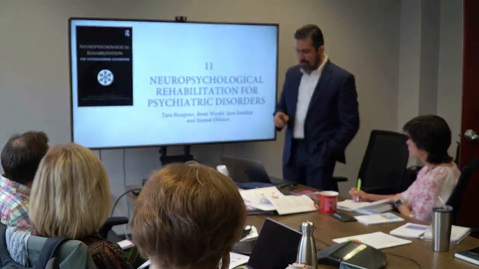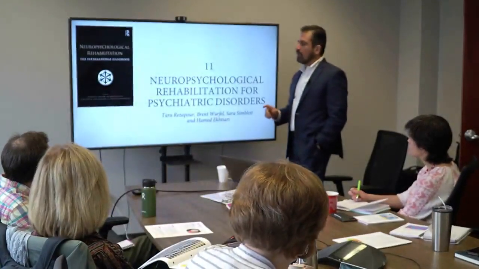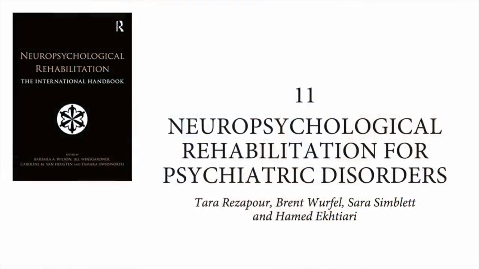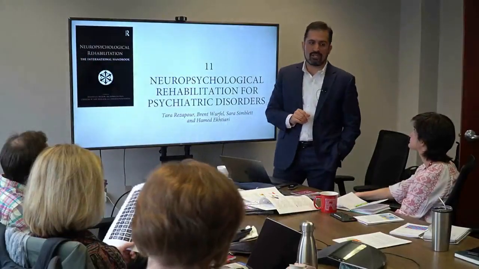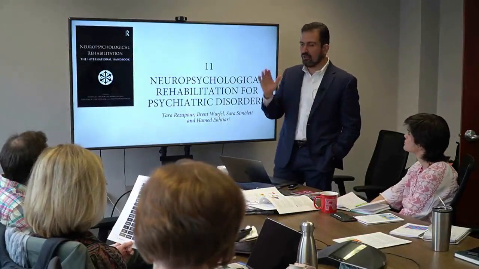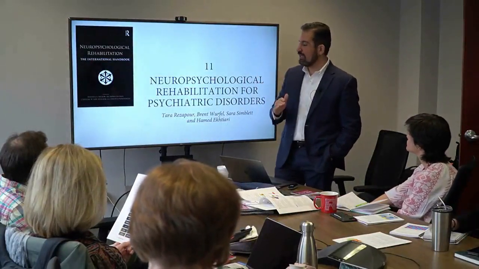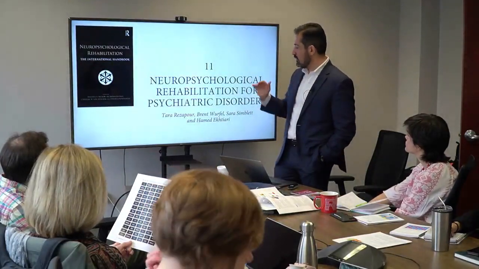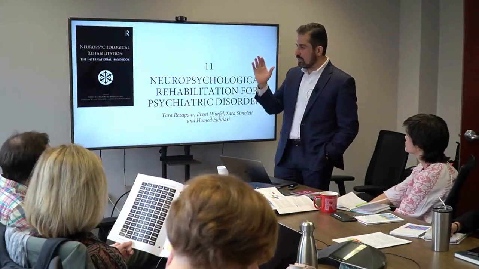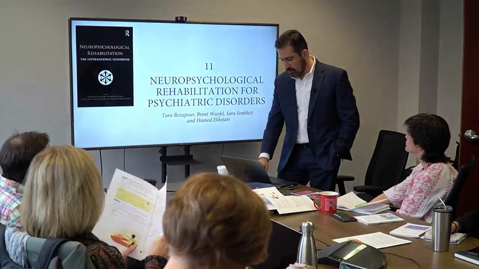There is another book chapter that we wrote, in a general sense, about neuropsychological rehabilitation for different psychiatric disorders. That is a part of a famous neuropsychological rehabilitation textbook that has different chapters. One chapter is about neuropsychological rehabilitation for psychiatric disorders, including substance use disorder.